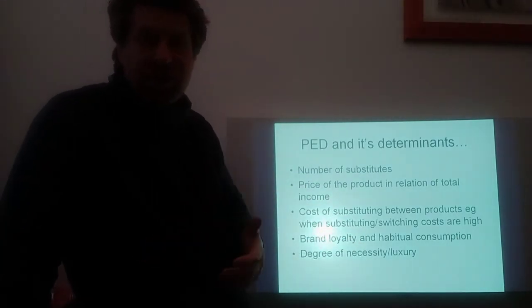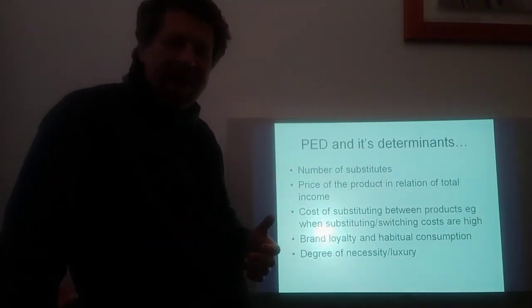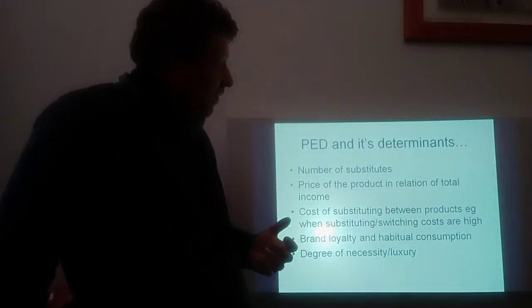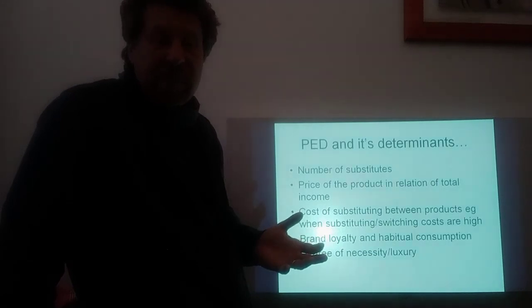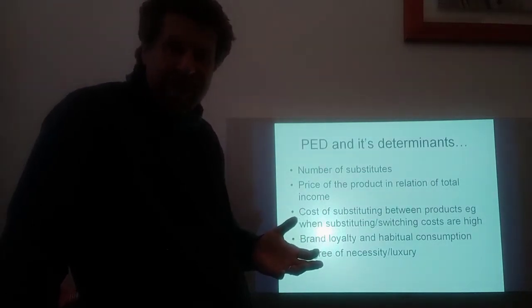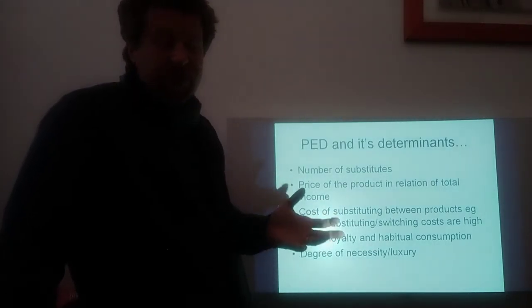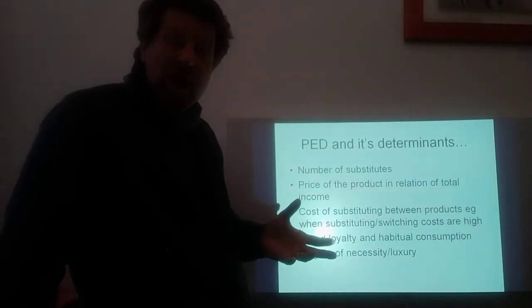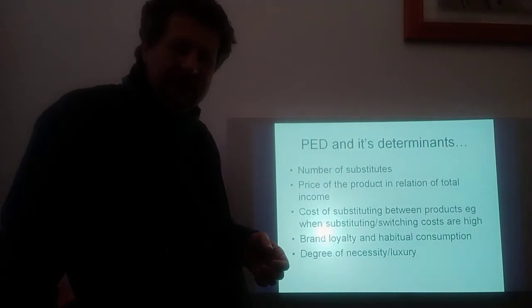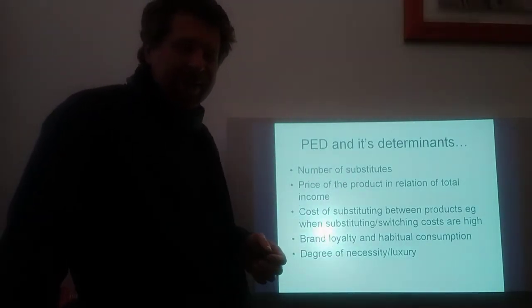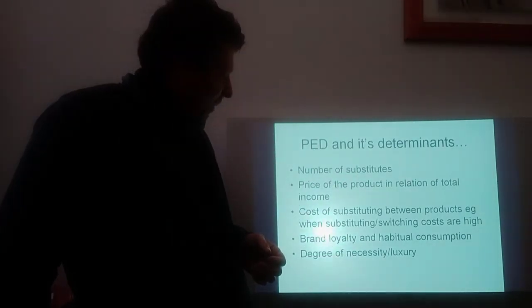That is the cost of changing. So if the cost of changing between products is high, then it's going to be less elastic. You're going to have a product or service in this case more inelastic, more certain that you can put up the price of the monthly installments.